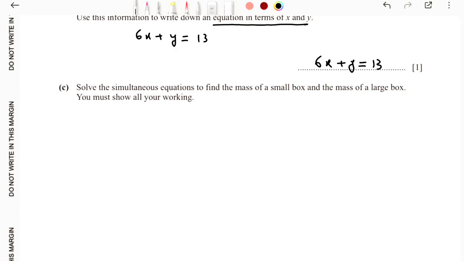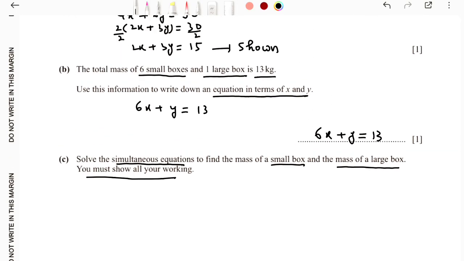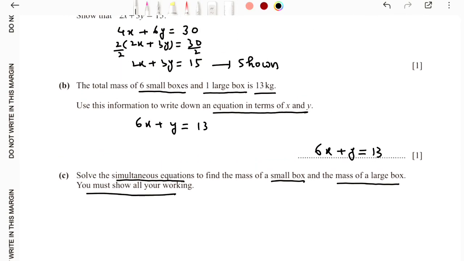Solve the simultaneous equations to find the mass of a small box and the mass of a large box. You must show all your working. So first of all, we have to take the above equation, that is 2x plus 3y is equal to 15, and the other equation 6x plus y is equal to 13.